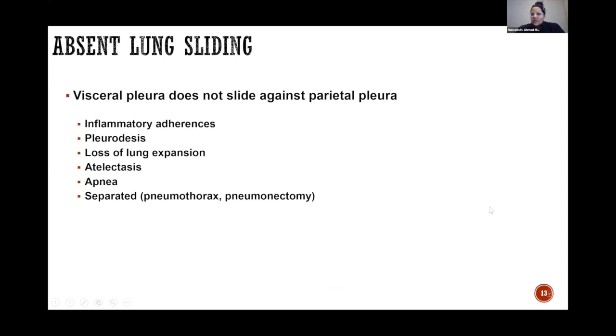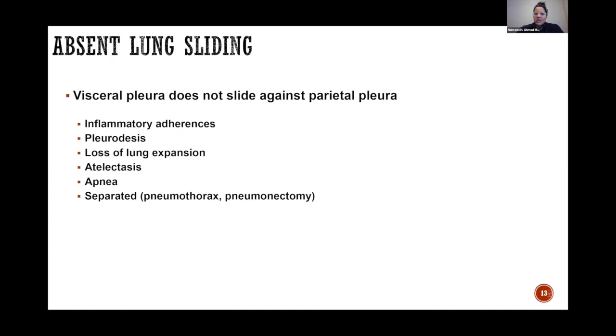Now, in what scenarios would we see the absence of lung sliding? This is very important because the first thing people think about is, well, pneumothorax. While that's true, I put that at the bottom of this list because there are several other reasons why you might see absence of lung sliding, and that includes inflammatory adherences, pleurodesis, so literally anything that causes the parietal and visceral pleura to stick together, right?